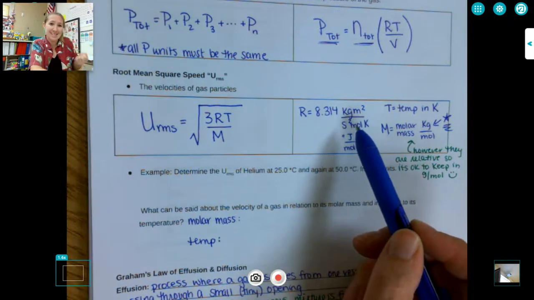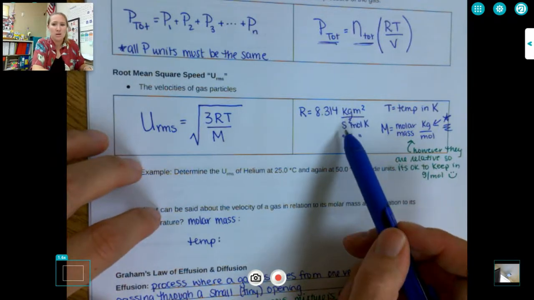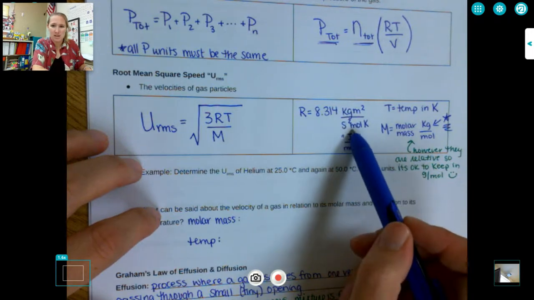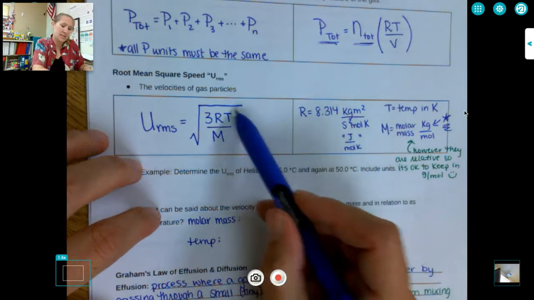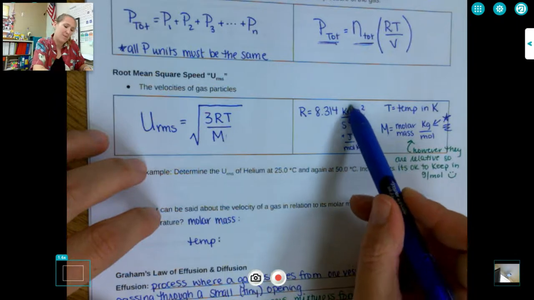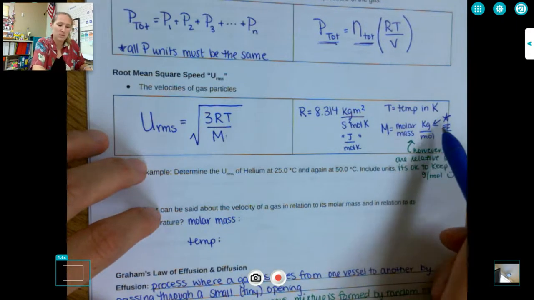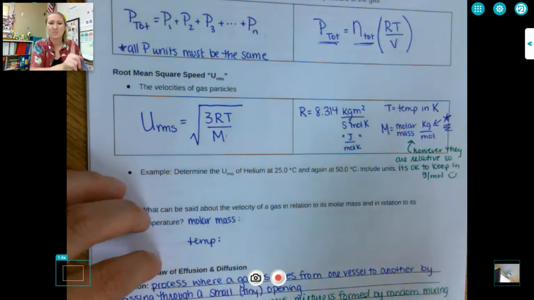However, if you start dissecting joules, you will get kilograms meter squared per second squared, and this is where these velocity units start to come in. Again, temperature, as always, has to be in Kelvin. And your molar mass is supposed to be in kilograms per mole and not grams per mole like we're used to.